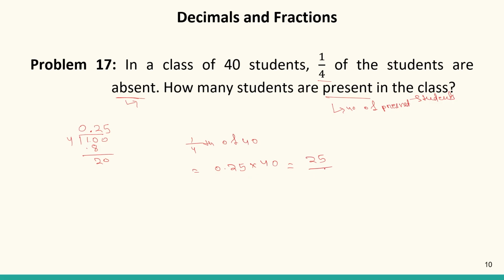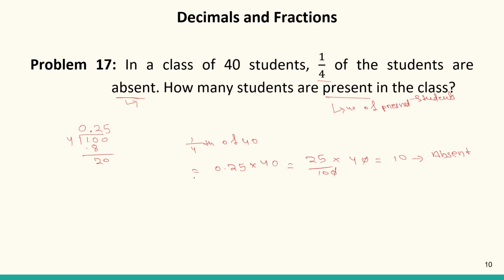So this is 25 by 100 into 40. The zeros cancel out here, and we get 10. So 10 students are absent.